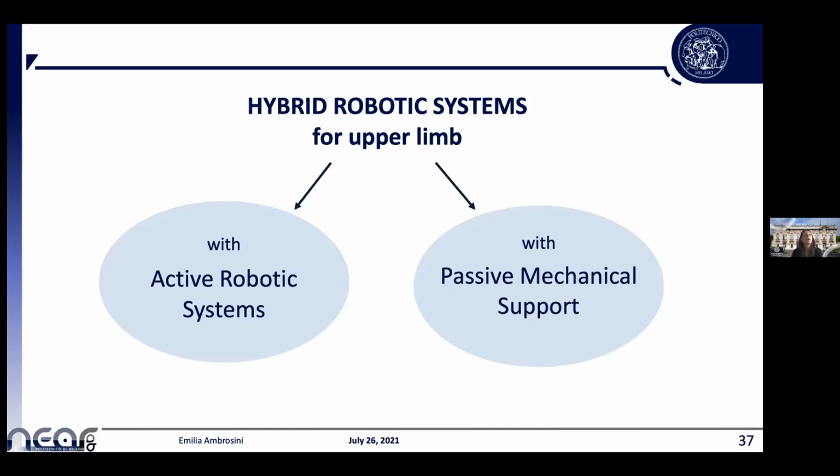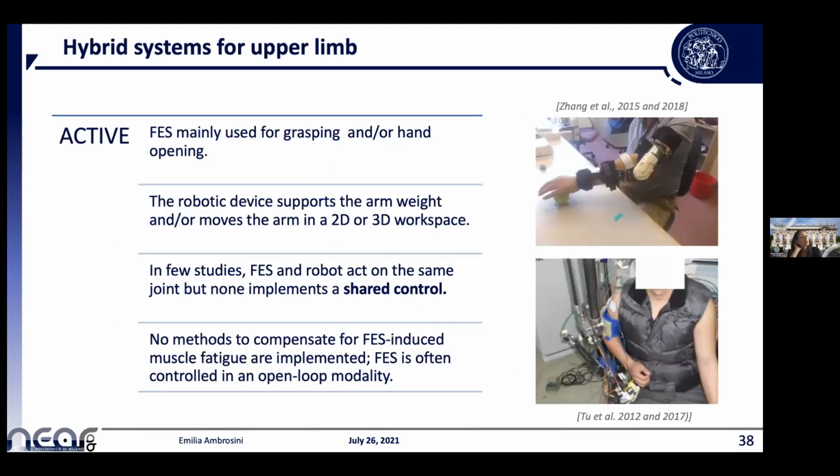For what concerns the upper limb, in the literature we can find hybrid robotic systems in which FES is combined with active robotic systems or with passive mechanical supports. So starting from active systems, just going through the literature, we could find that FES is mainly used for grasping and hand opening, while the robotic device supports the arm weight and moves the arm in a 2D or 3D workspace.